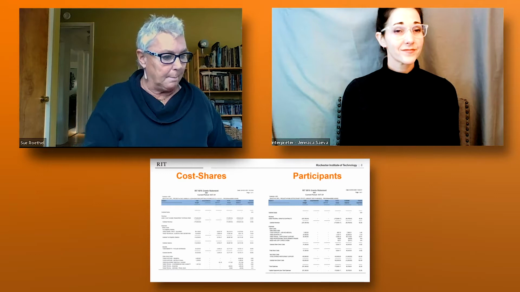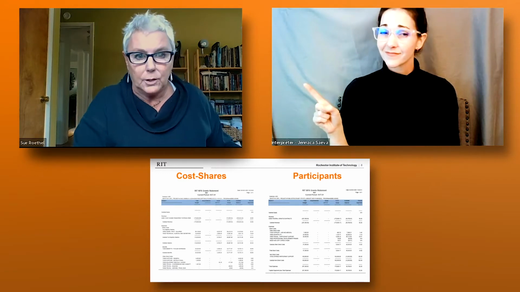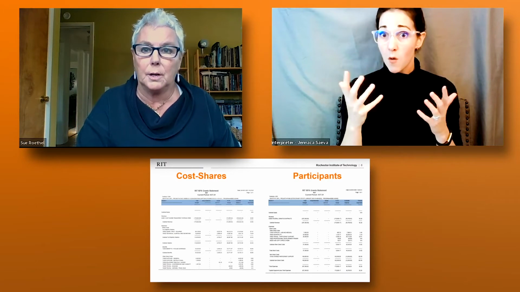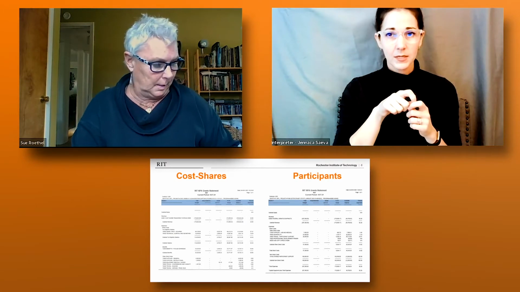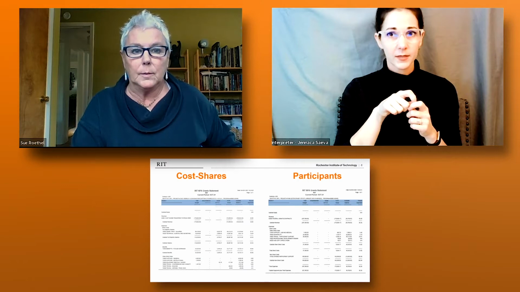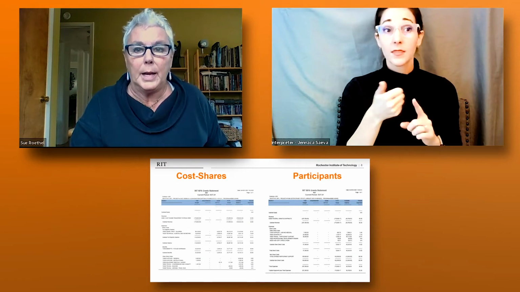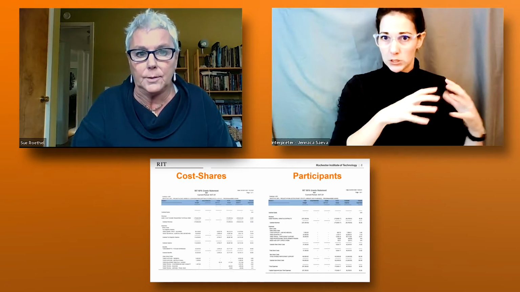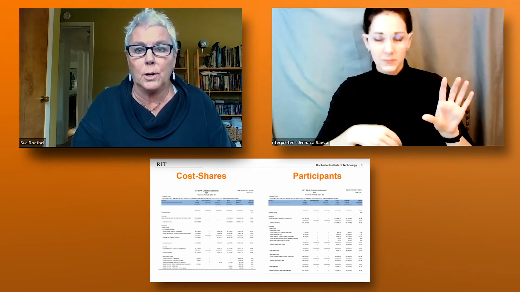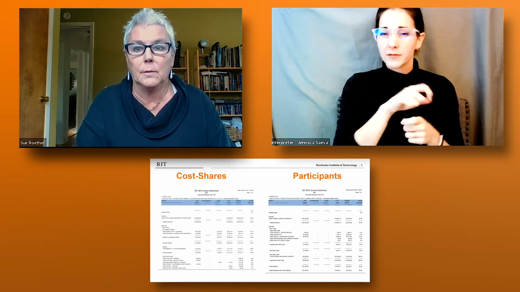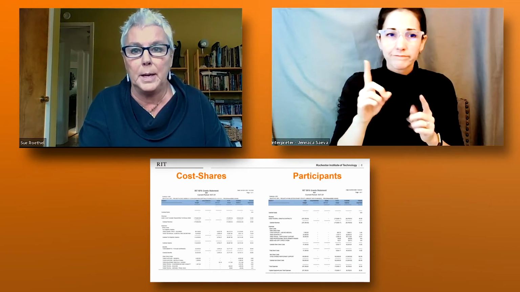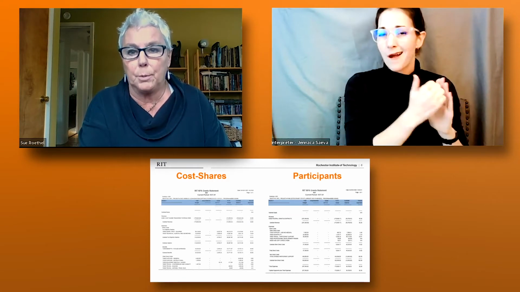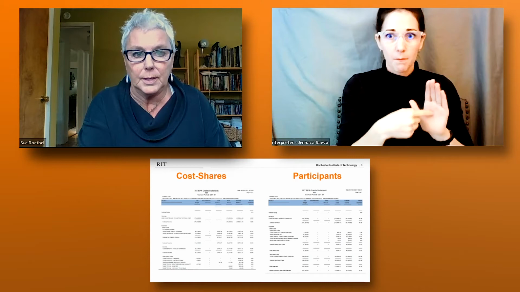This is an example. Actually, these are two examples of specific budgets that are in addition to the main grant budget. Some grants have earmarked funds specifically for cost share. If there's a requirement in the grant that there be cost shares, there's a separate account set up, and this is an example.